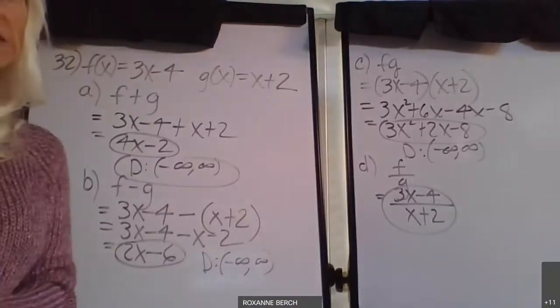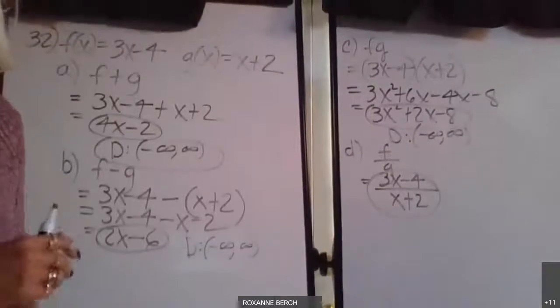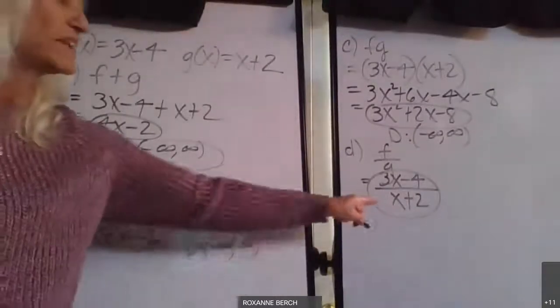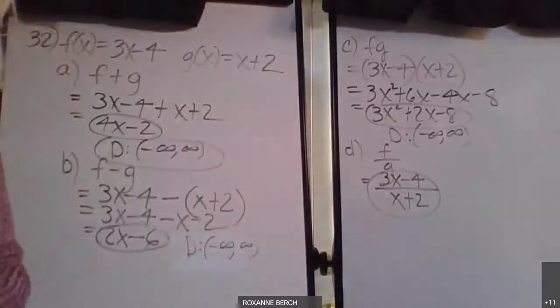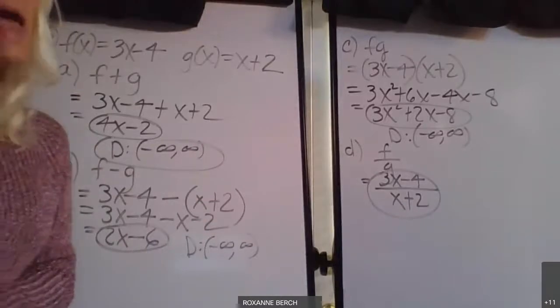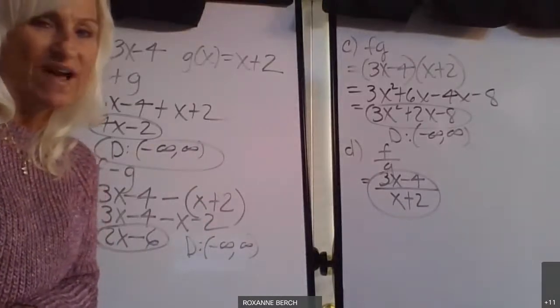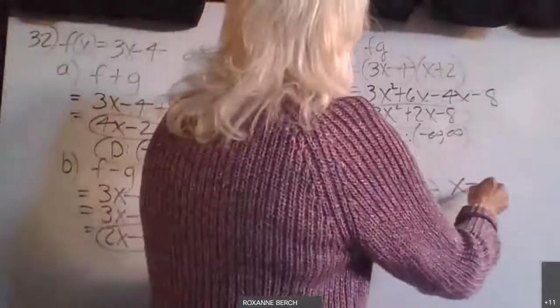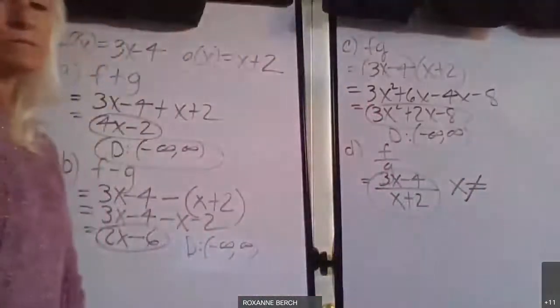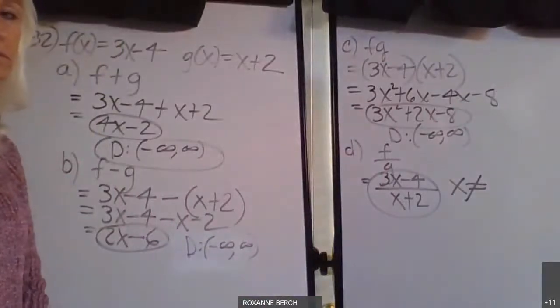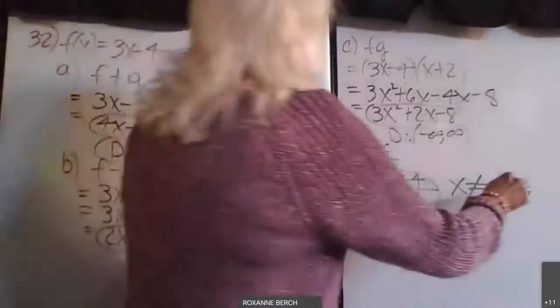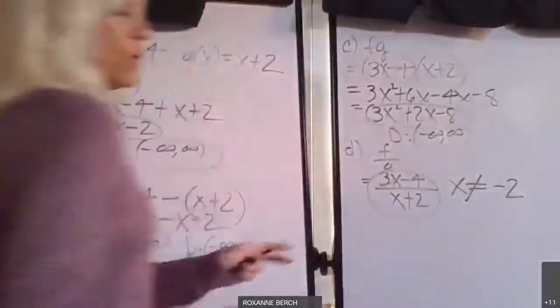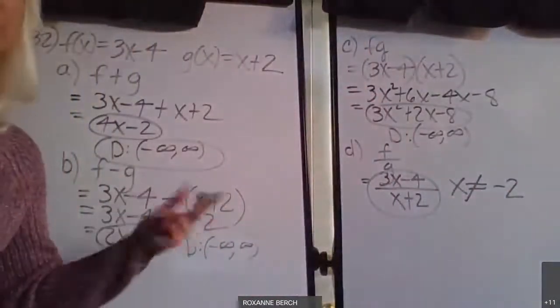Now, what you want to notice about this for the domain is this is a rational function because there's a variable in the denominator. So you have to throw out excluded values. So what can x not be? Negative 2. Right. And you're only worried about the bottom. Don't look at the top.